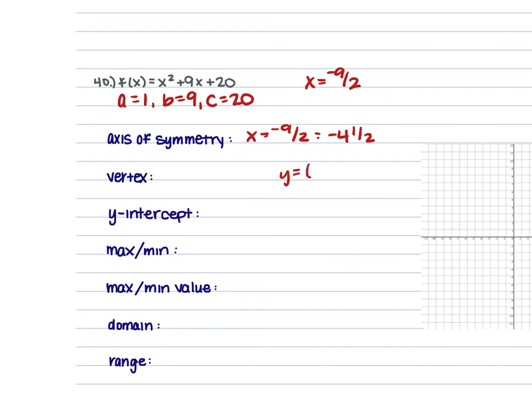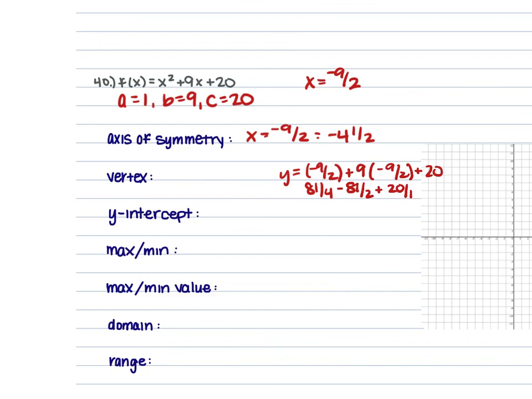So y is equal to negative 9 over 2 squared, which is 81 over 4, plus 9 times negative 9 over 2, which is negative 81 over 2, plus 20, which is 20 over 1.